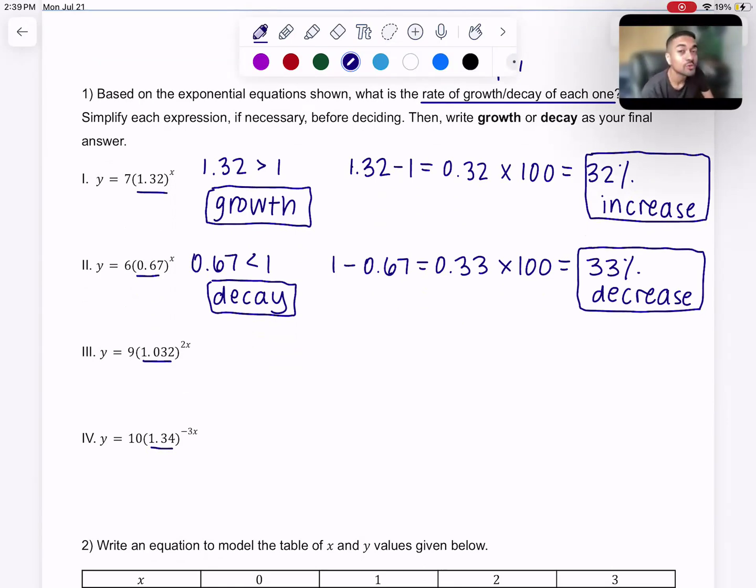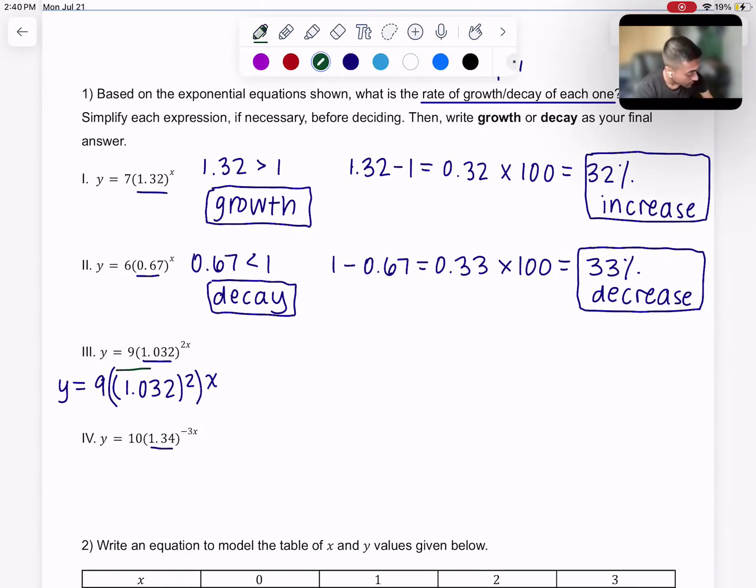The last two were a little trickier because if you look closely at the exponent, it's not to the power of x, and it needs to be simplified. So the first thing to do is y equals 9, parentheses 1.032 to the power of 2, and another parentheses to the power of x. When you have 2x, that's 2 times x, that's power to a power.